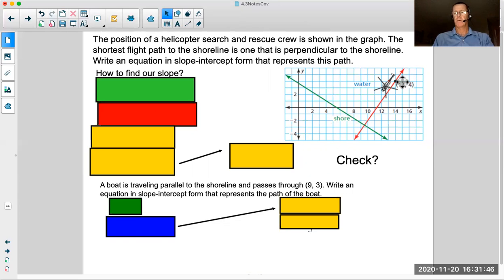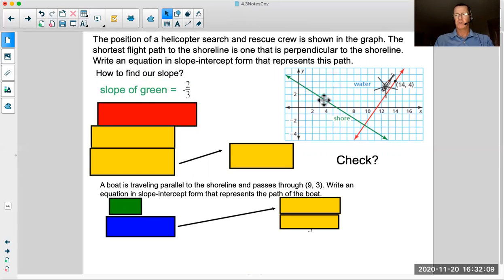Okay, so we have a point, don't we? We need to find the slope of this line. Well, how can we do that? Couldn't we find the slope of this one? And then we know ours is the opposite reciprocal. So slope of the green line is -2/3. Notice if I pick a point, I'll pick that point right there.